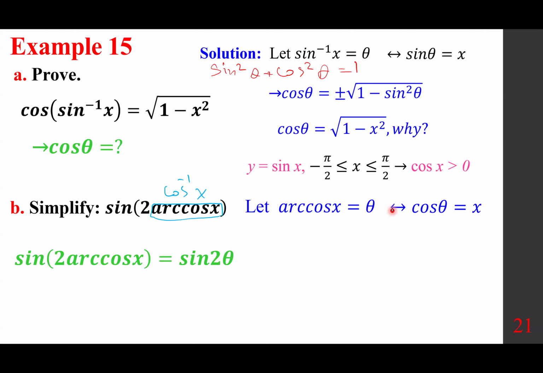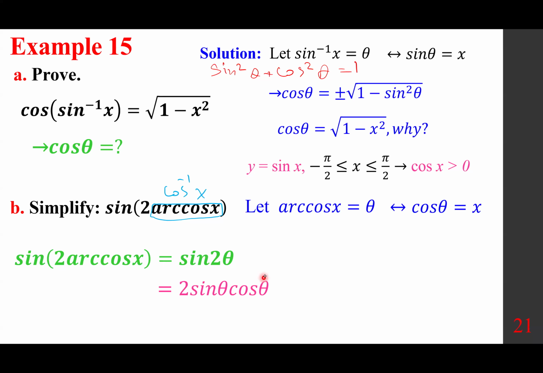So what do we have? We are looking for sine 2 theta, and we have cosine theta. I hope you remember sine 2 theta is 2 sine theta cosine theta. So we have the cosine, we need to find the sine.